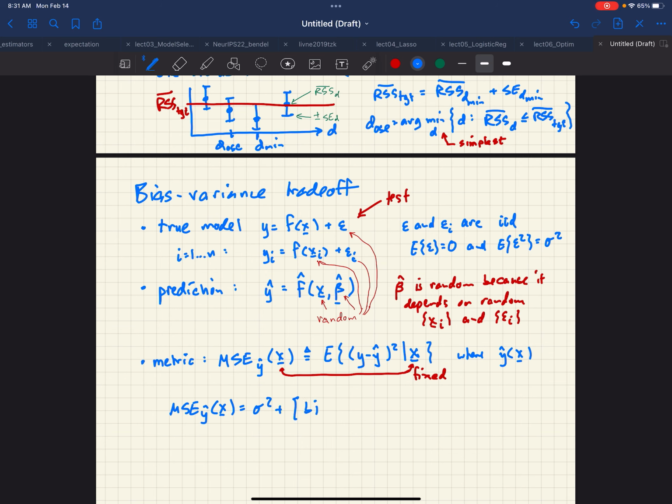Okay, so the variance is going to be y hat minus the expected value of y hat given x, that quantity squared, given x.